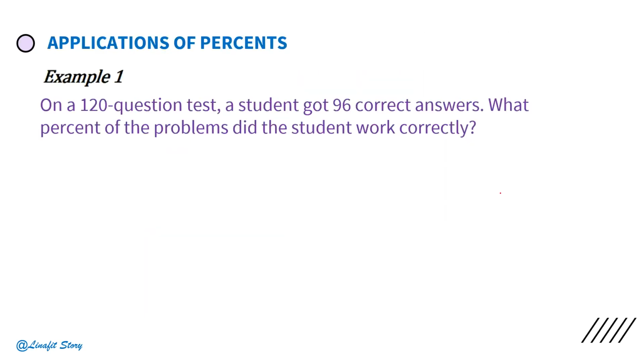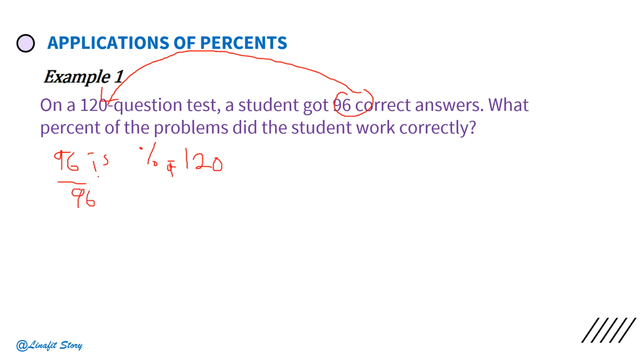Applications of percents. Example 1. On a 120 question test, a student got 96 correct answers. What percent of the problems did the student work correctly? The problem states that we have 96 correct answers out of a possible 120. The problem can be restated as: 96 is what percent of 120?